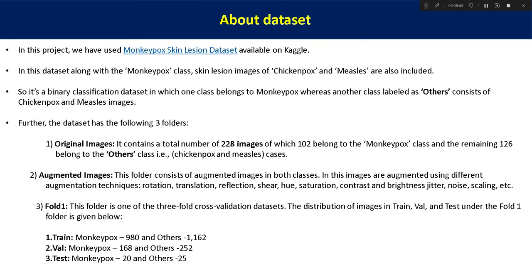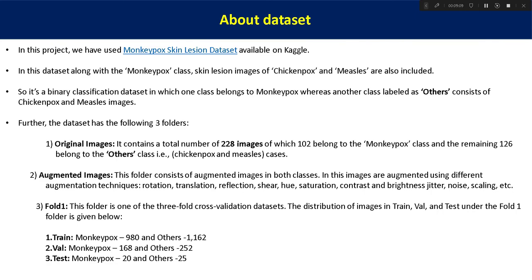Now it's very important what data set you are using. As we know, there is no proper data set available right now. So there is one data set on Kaggle that we have found, the monkeypox skin lesion dataset, and I will also provide the link in the video description. You can go through this dataset.